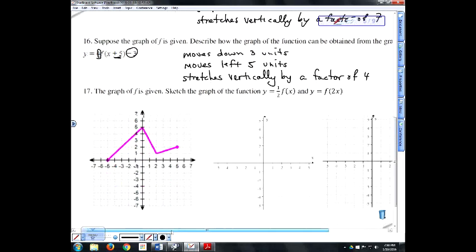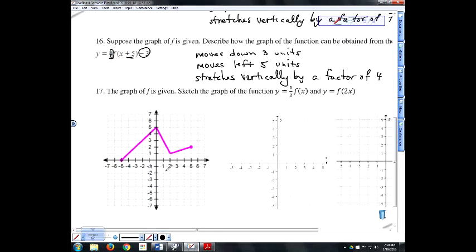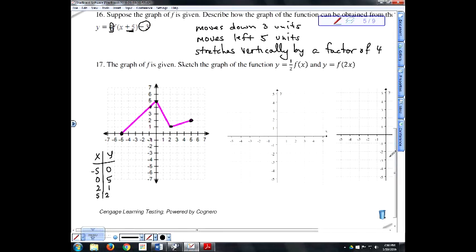Okay, for a problem like this, I would recommend identifying key points on the graph. -5, 0, 0, 5, 2, 1, and 5, 2. And then making a new table of values for each different type of transformation.